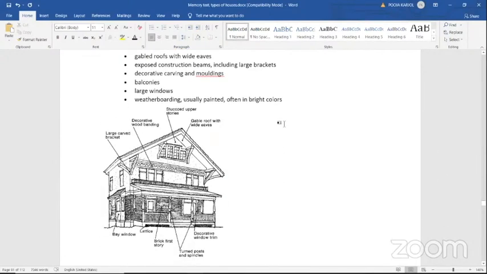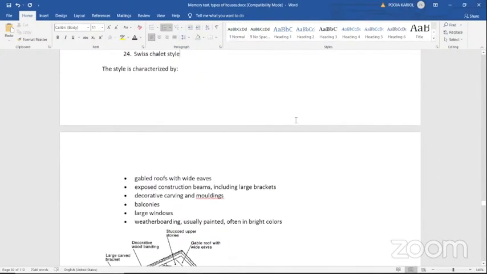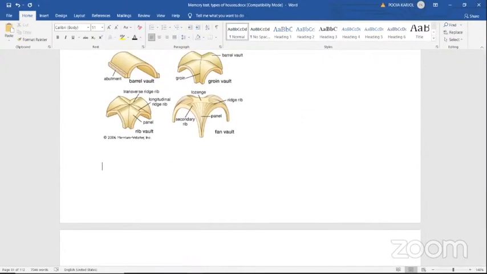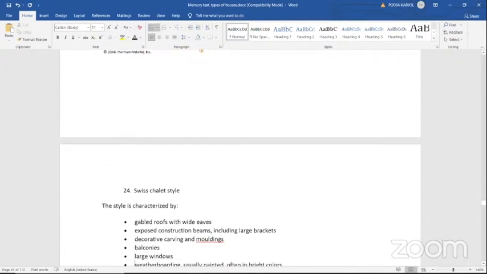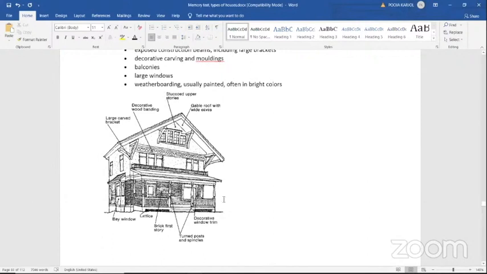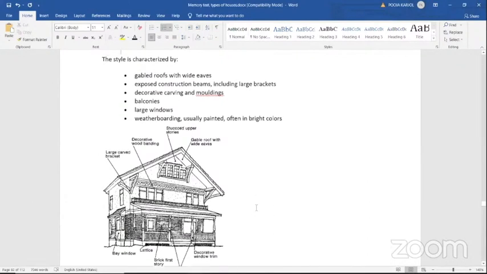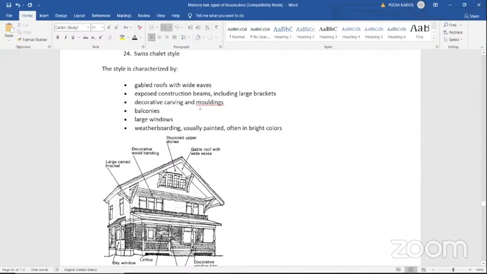Next, Swiss chalet type. This is a typical Swiss chalet style of building. Now we'll see the features. Gabled roofs with wide eaves, as you can see, wide eaves. Exposed construction beams, including large brackets. What is a bracket?